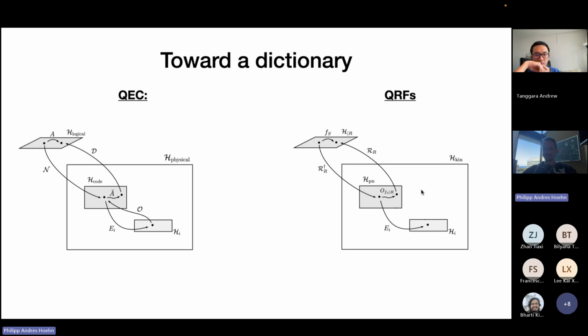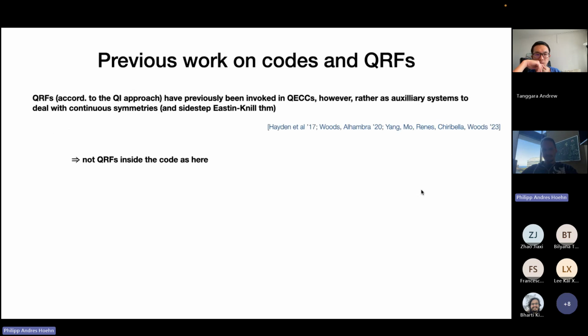If there's something new that we can learn in this talk, it will be mostly about quantum error correction. I should briefly mention that there has been previous work on codes and quantum reference frames, but in a slightly different context. It used a different approach to quantum reference frames than the one I'm going to describe. In those works, quantum reference frames were mostly used as auxiliary systems to deal with continuous symmetries, and they were not part of the computational part of the code.